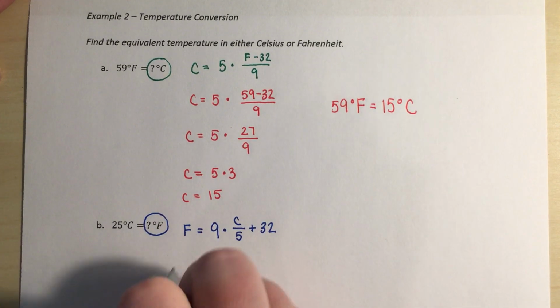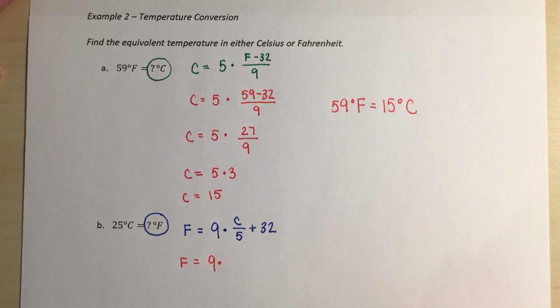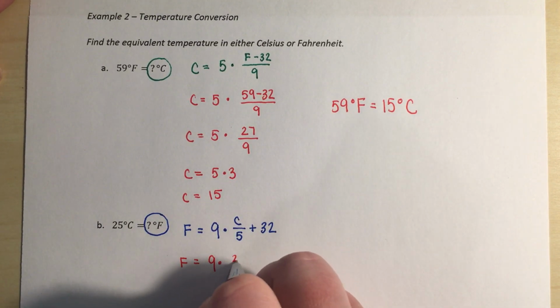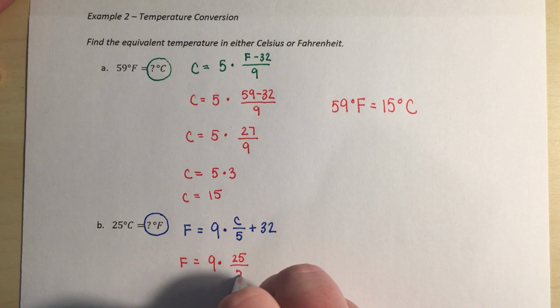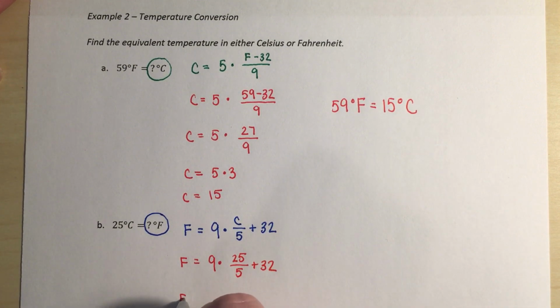Right, so we're going to plug in our information from our problem. In our problem, our degrees Celsius is 25. So F equals 9 times 25 over 5 plus 32.